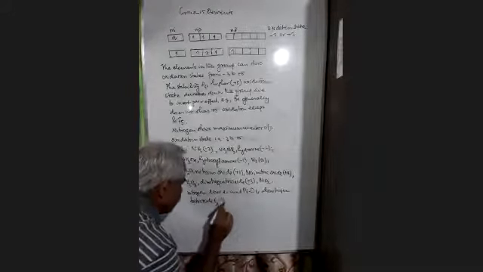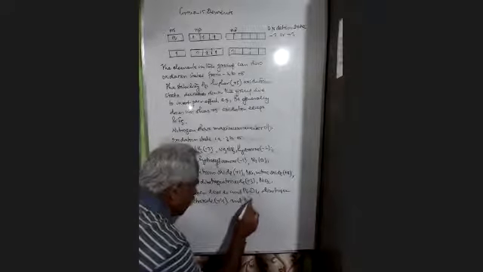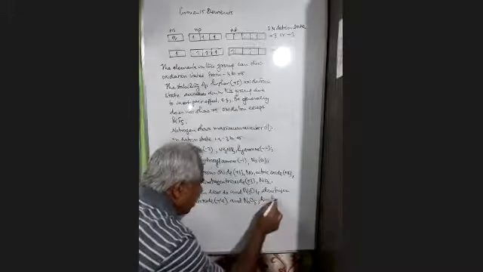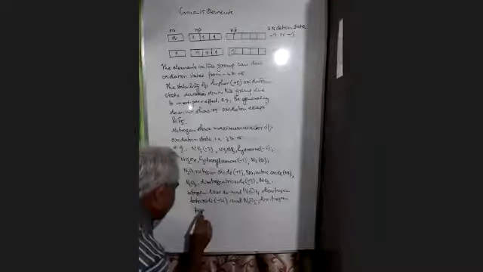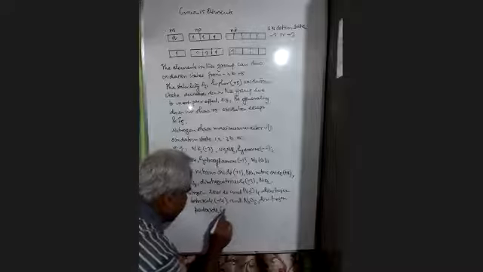This is plus 4. And N2O5. Dinitrogen pentoxide, plus 5.